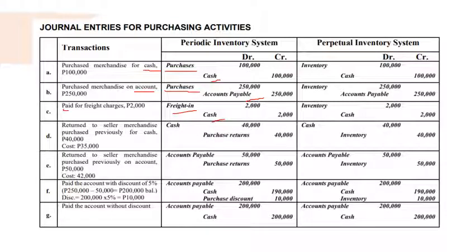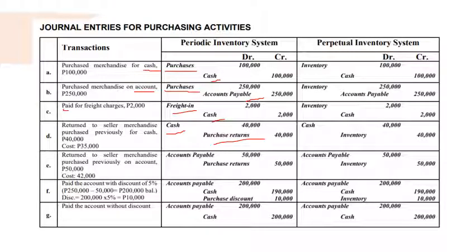If we return the merchandise to the seller and previously we paid for it in cash, we will credit purchase returns to identify that this is a return of goods. And of course, if we return the goods and we no longer expect a replacement, and instead we want a reimbursement, we will debit cash.